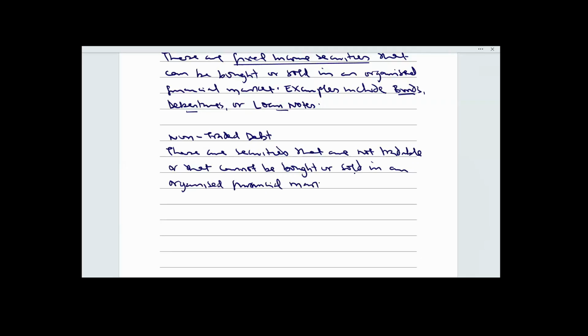It's not tradable. You can't buy it, and you can as well not sell it in an organized financial market.